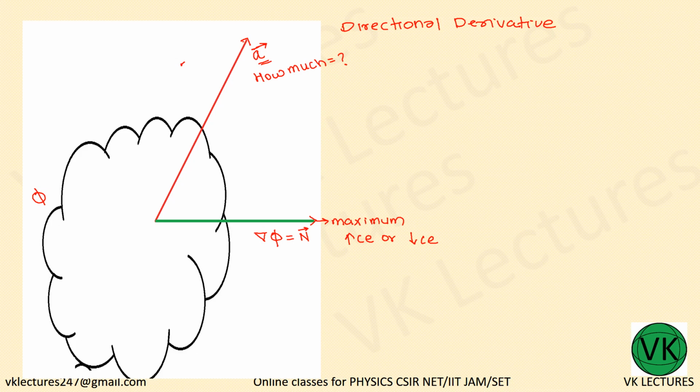So what we have to do is project this vector A on del phi.